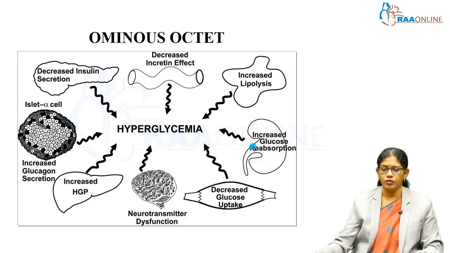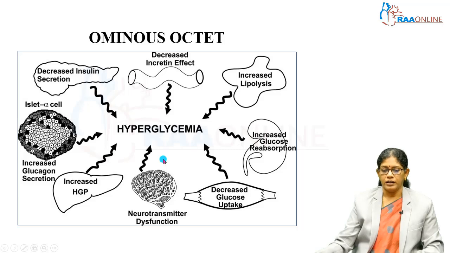Most of the glucose is excreted from our body. If it gets reabsorbed, that means it is reabsorbed back by our body from the nephrons, that may also raise the blood sugar level. And the fourth reason is decreased glucose uptake. In the skeletal muscle, if glucose is not utilized properly, that will lead to hyperglycemia.